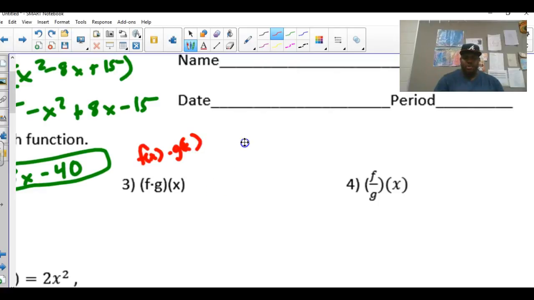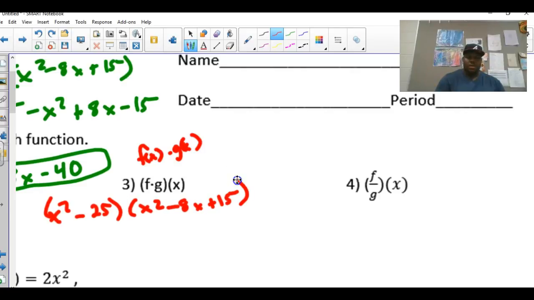Now, it's multiplication, which means you're going to have to FOIL. So if I go x squared minus 25, and we multiply that by x squared minus 8x plus 15. Let me make sure I was right. Yep. What you got to do is, I think personally, you should break this up into two different problems.